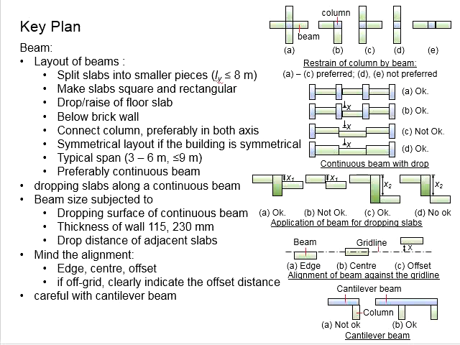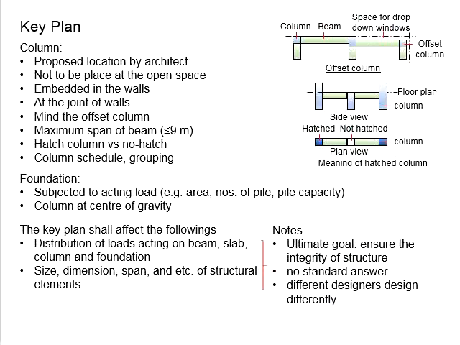In the previous videos, we mentioned the considerations related to the beams. We will proceed with our discussion of the considerations related to the columns. When you produce the structural key plan, you will need to also indicate the positions of the columns, the alignment of the columns, and probably propose a size for the columns.